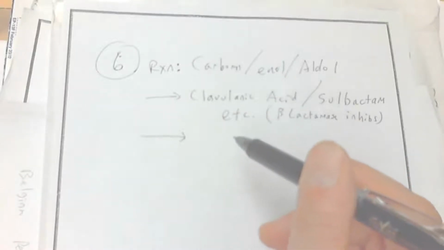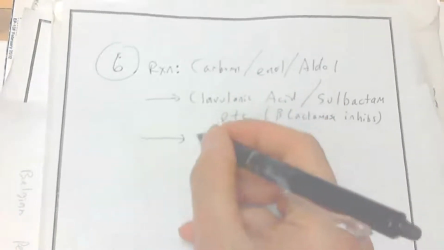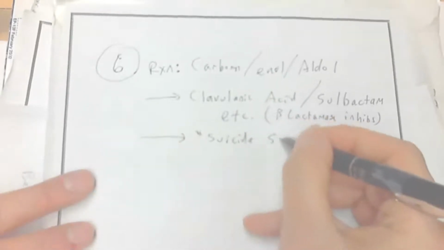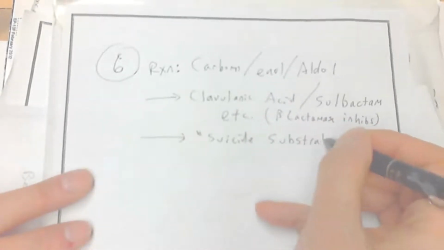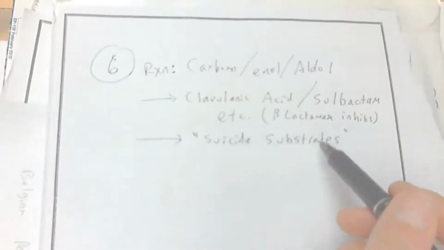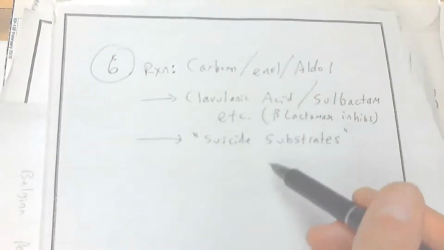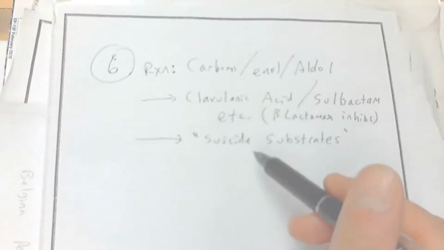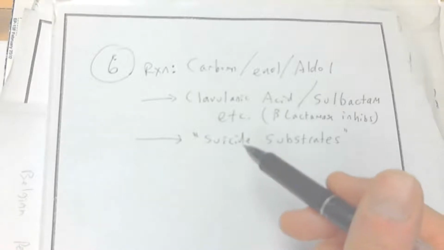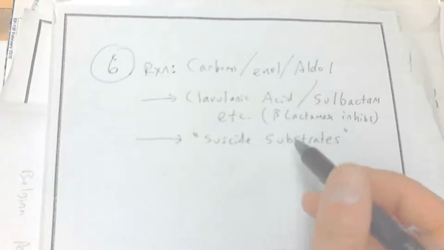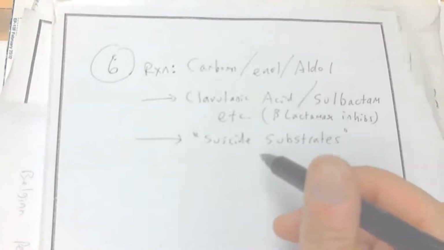If you haven't heard of it before, it's kind of a cool idea, right? These are called suicide substrates. It's the classic name for them, and the idea is that as molecules, they're destroying themselves by getting permanently attached to the enzyme, and that's a unique mode of action, right?